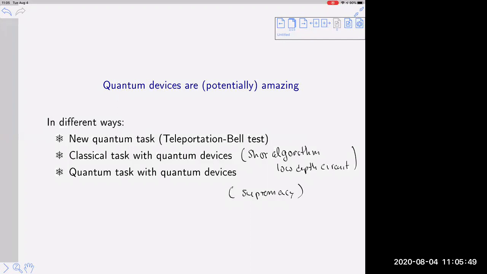But there are some tasks, for instance, if you want to understand the configuration of some molecules, where maybe a quantum computer could be better because it just understands large numbers of particles better than a classical computer. That's kind of the big picture, in a very lax formulation. But we should distinguish these different aspects of quantum information theory.